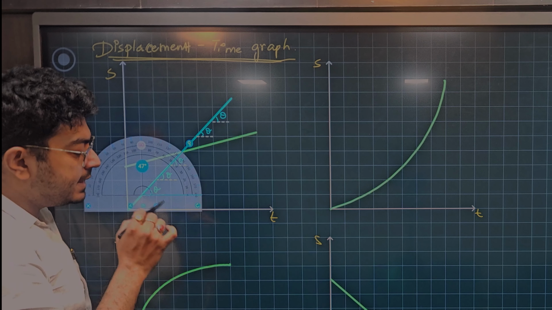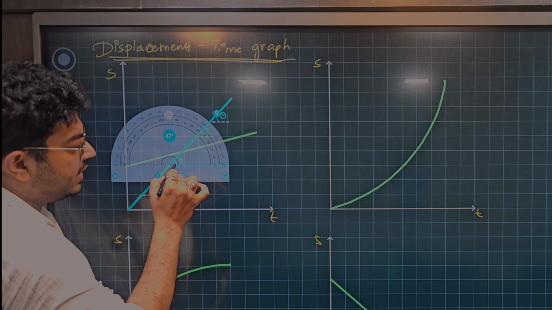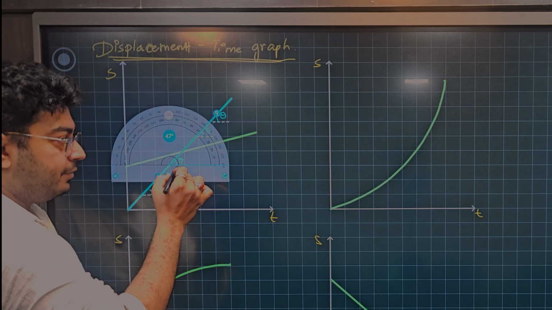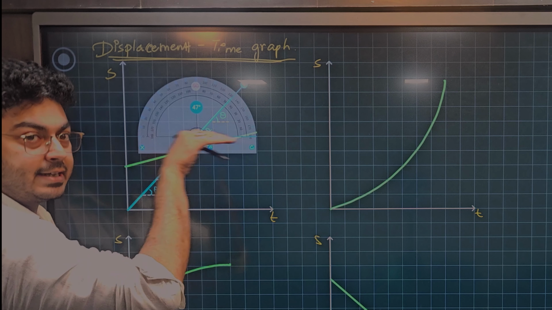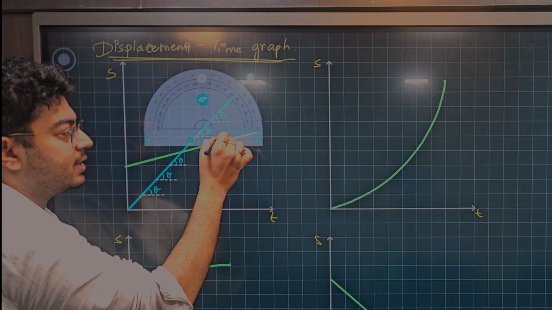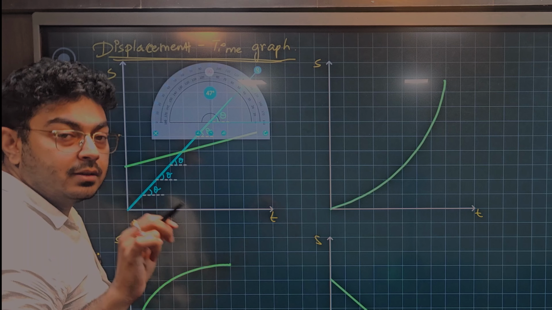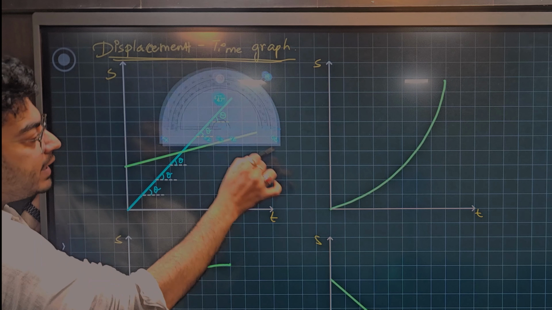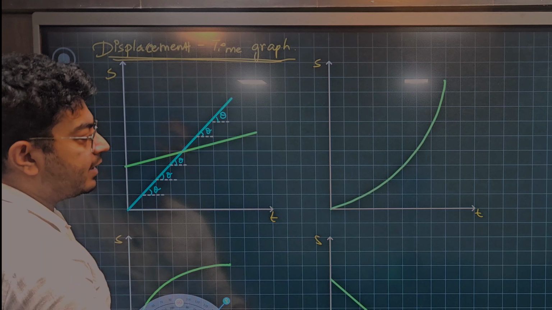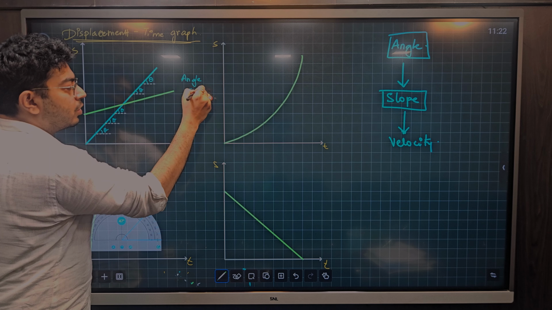Now tell me, since it is making 47 degrees, if we check each and every angle that it has made with the horizontal axis, which is parallel to the time axis, what do you think? Is the angle increasing or decreasing? The angle is remaining constant. Yes or no? So in this case, we can straight away write like this. Here the angle is constant.